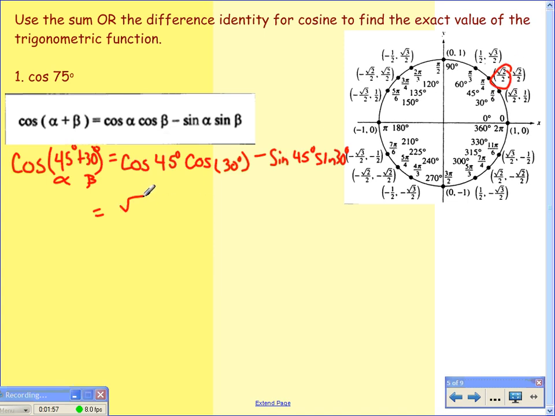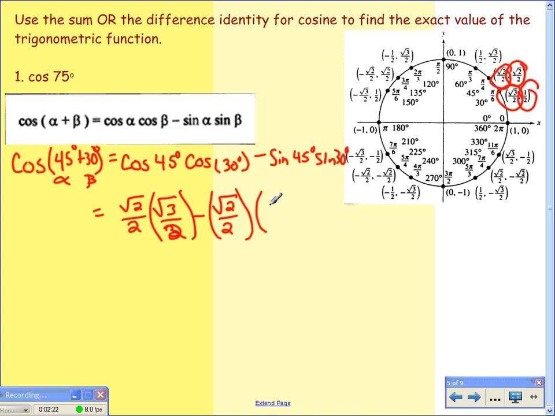That would be our x value of a 45. And the cosine of a 30 is the x value of our 30. That would be square root of 3 over 2. We're multiplying, so we use parentheses, square root of 3 over 2. And minus sine of a 45, that's the y value, so we use square root of 2 over 2, times the sine of a 30, which is 1/2.